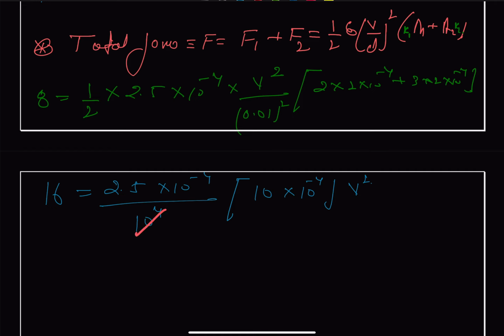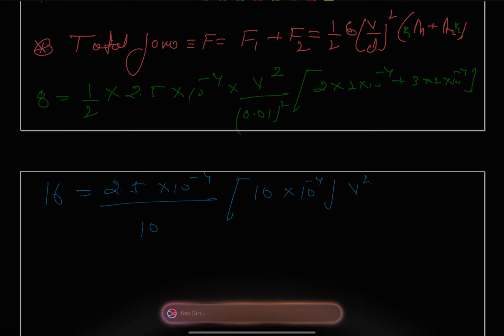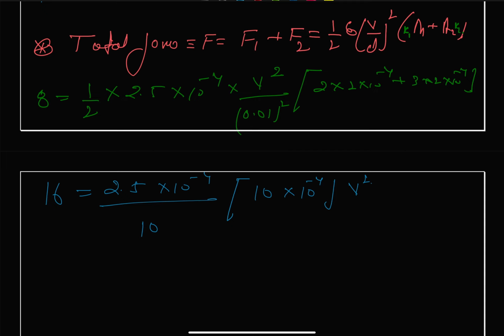So this comes as 10 to the power minus 3 and 2.5. So we can say this will be 16 is equal to 2.5 into 10 to the power minus 3 times V square.